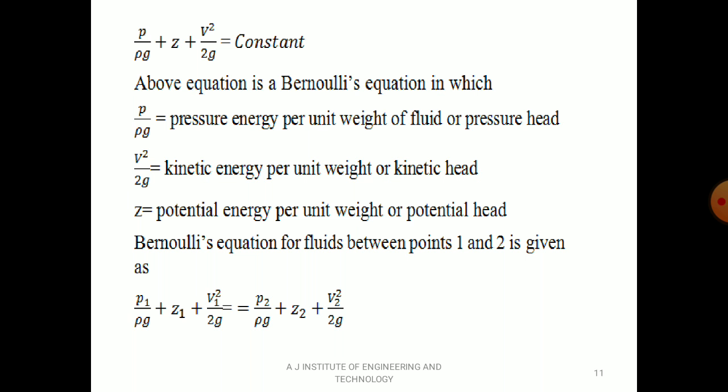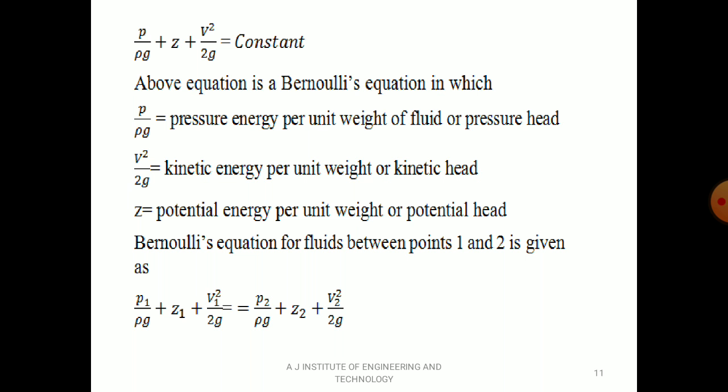Bernoulli's equation for fluid between points 1 and 2 is given as follows, so that you can apply this equation for points 1 and 2, or sections 1 and 2: P1 divided by rho g plus Z1 plus V1 square divided by 2g equals P2 divided by rho g plus Z2 plus V2 square divided by 2g.